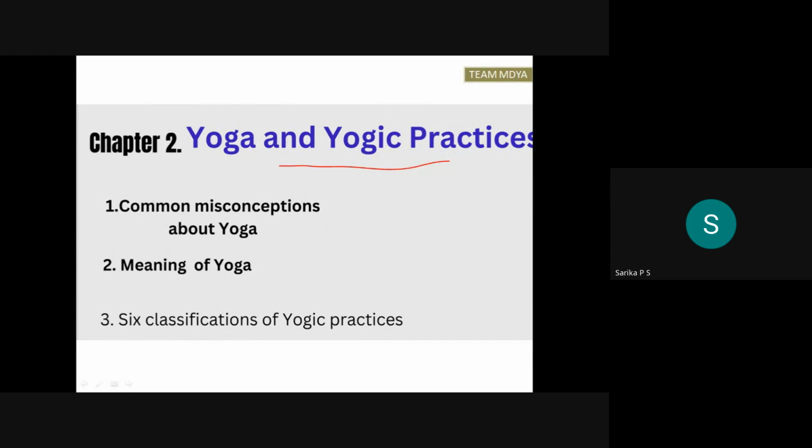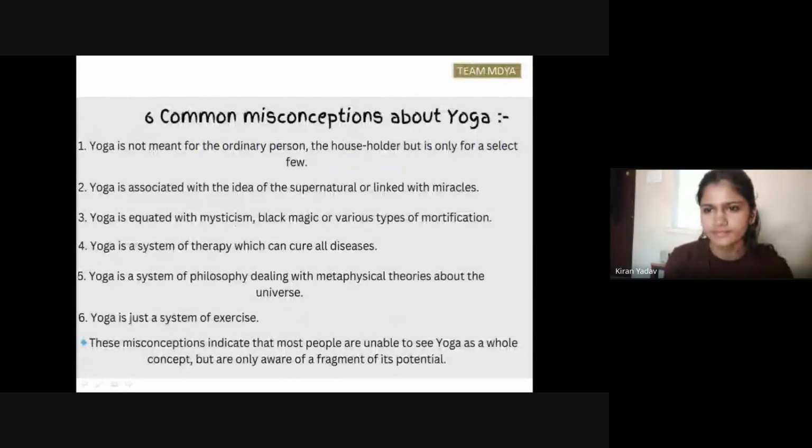Okay, then let's see what the misconceptions are. In this book, there are six misconceptions given. An examiner can ask a question like this. He'll give you the options and you have to find which misconception is given in this book. First is yoga is not meant for the ordinary person, the householder, but is only for a select few.